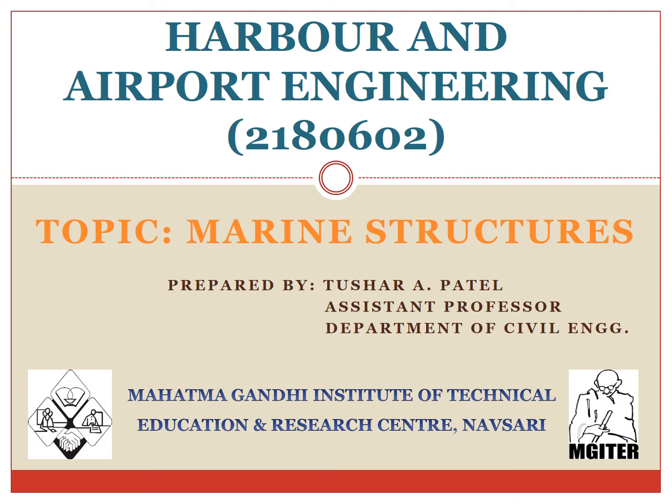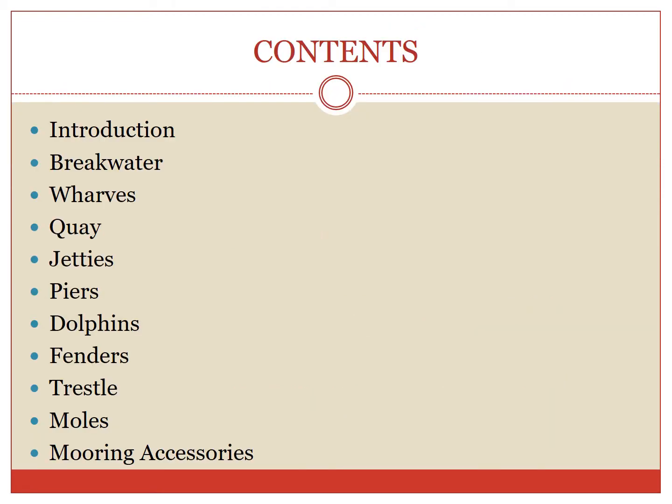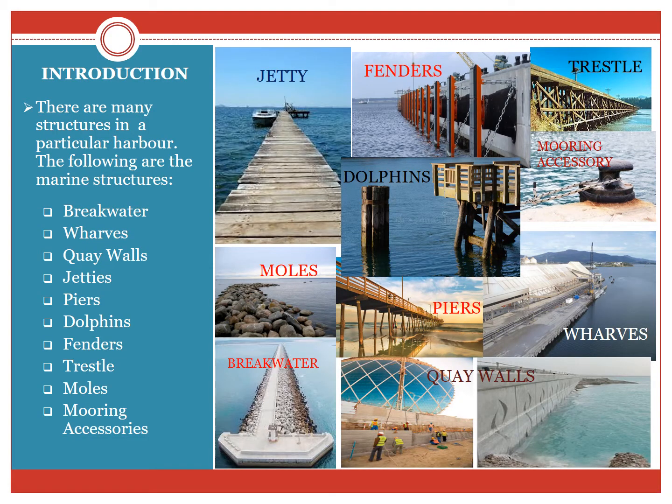So, moving forward to this topic, these are the contents for today's topic. We'll start off with the introduction, then we'll move across to the various parts of each and every harbor. There are many structures in a particular harbor. These are some of the following structures.